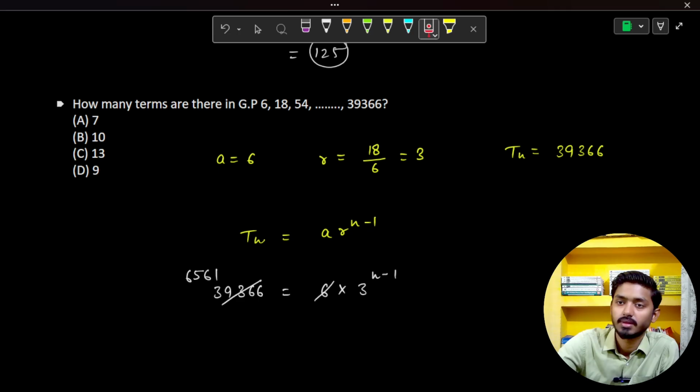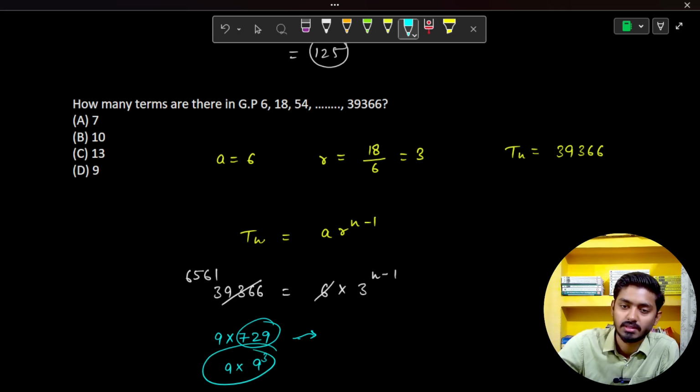Now, well, we can prime factorize it using 3, but I'll prefer 9. I'll write 9 times, divided by 9. We get 729. And we know that 9 is 3 squared, whereas this is 9 cubed. Or let me write this like 729 is 9 cubed.